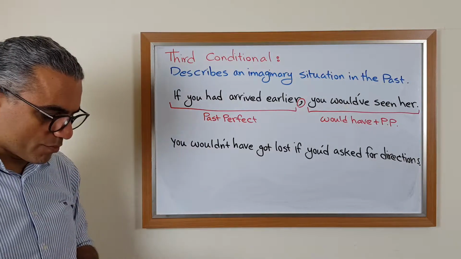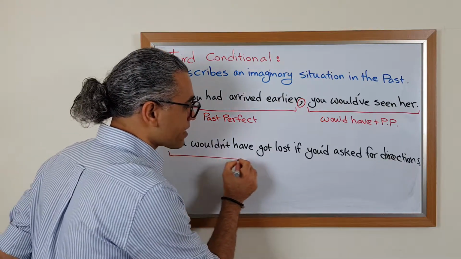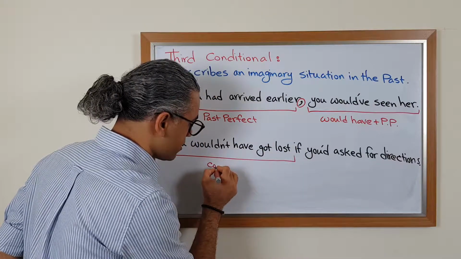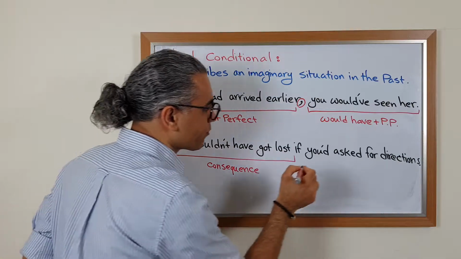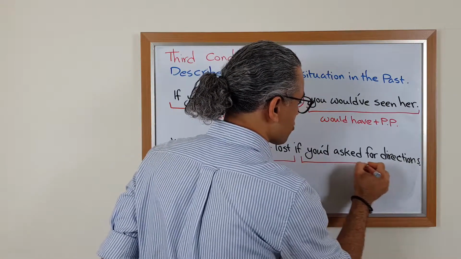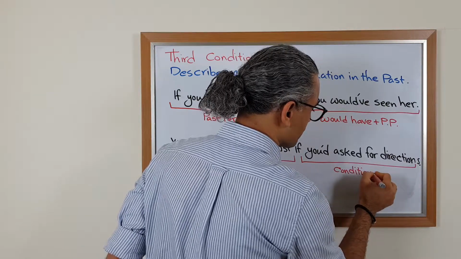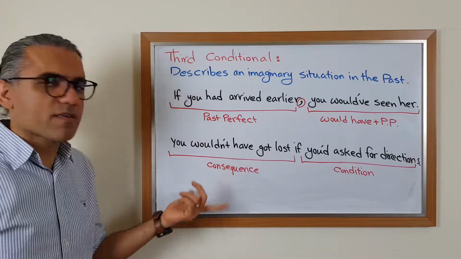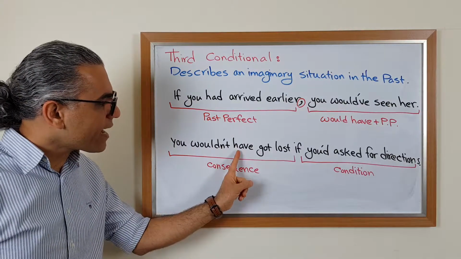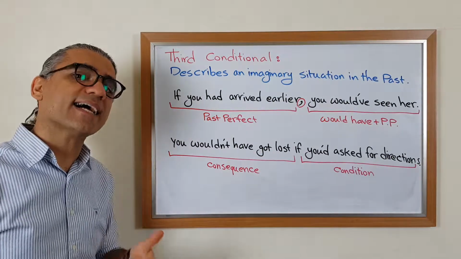Now, another example. In this example, we have brought the consequence first. This is the consequence, and this is the condition or the if clause. Okay, we say you wouldn't, again, this is a negative form. You wouldn't have got, the past participle form of get is got and gotten.